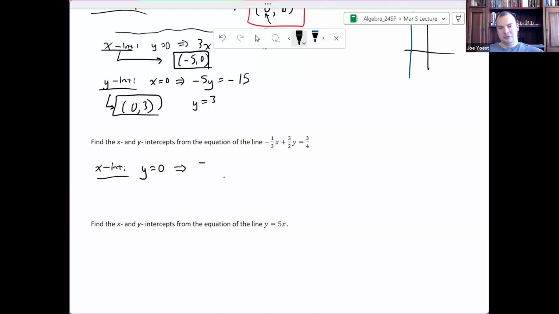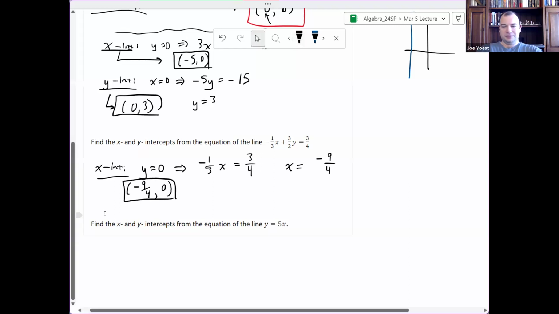This tells me that -1/3 x plus 3/2 y, but that term is just 0 here, equals 3/4. And if I multiply both sides by -3, I get x equals -9/4. And again, I just have to remember to put it in the correct form: -9/4, 0.